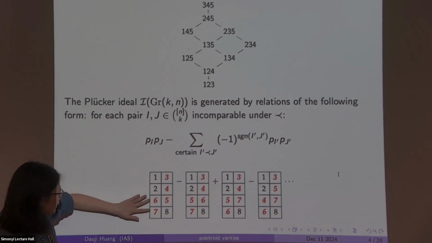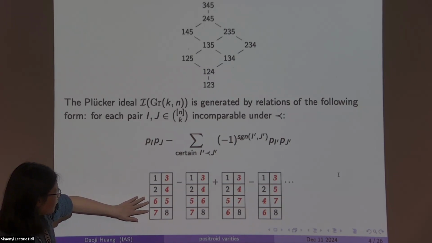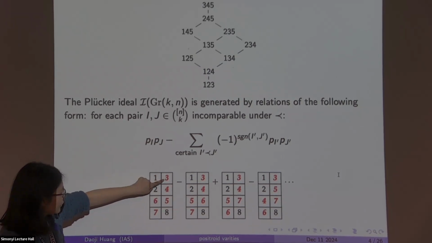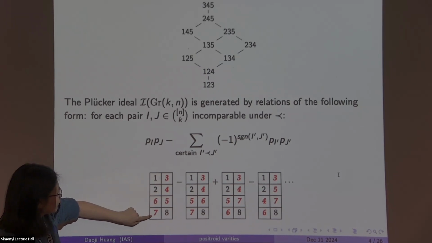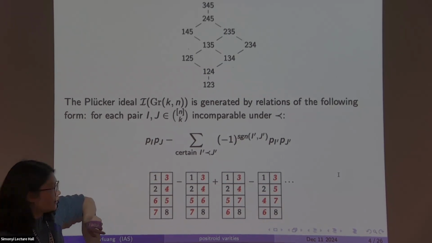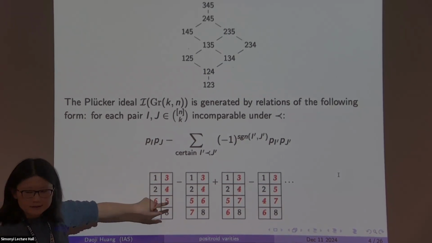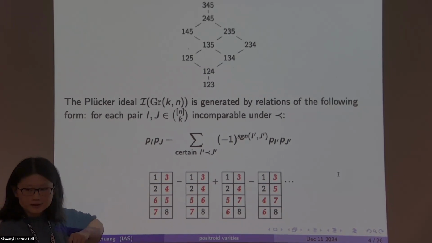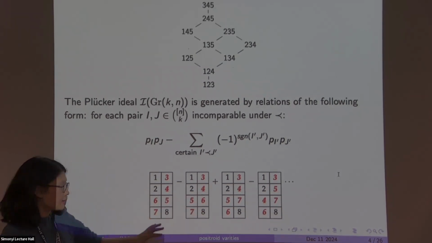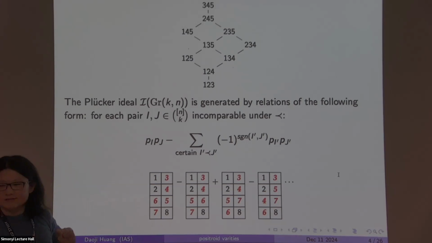Then you swap things with signs: you can take an arbitrary permutation of the red numbers, and you remember the correct signs, and that will be a Plucker relation. So if you want to get rid of all the incomparable pairs, you can keep this process. Does that make sense?